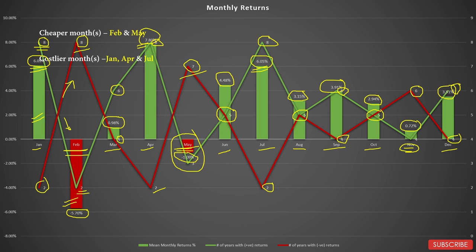So these three seem to be the good months for the sector, not only because of higher average returns but also because of the consistency; the number of positive years for these months is high as well. The last thing is the positive to negative month ratio, which is 1.22 to 1, not a very good ratio for the sector, I would say.